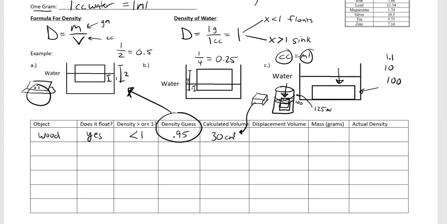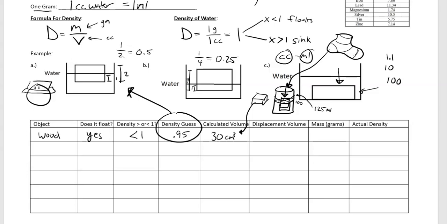This is super, super helpful if, let's say, you had a shape that looked like this, like some weird rock. Well, this obviously doesn't have a shape that we have found a formula for the volume. So rather than having to break this up into a bunch of different spheres and whatnot, you could just put 100 milliliters of water in and drop this in. If it sinks, you don't even have to push it down underwater.